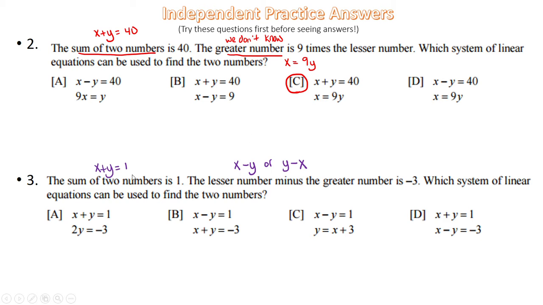The lesser number, so this could mean x minus y, is the lesser number minus the greater number is -3. So whichever one's less, that one comes first, minus the greater number. And the way that this is written, the lesser number in this case would be x. So kind of tricky, but that's why I wrote it twice out first before looking at my answer choices.